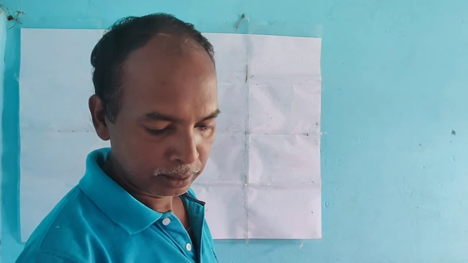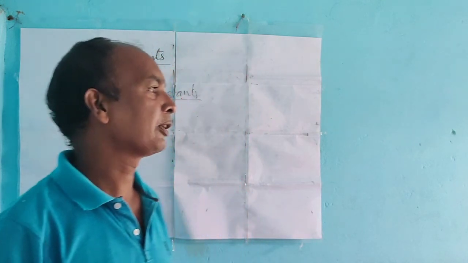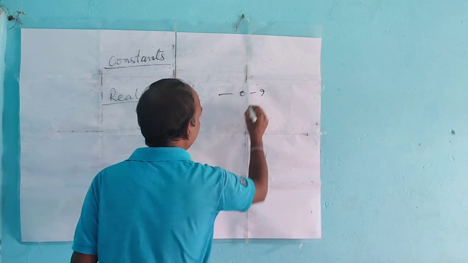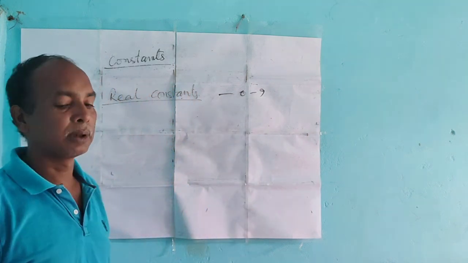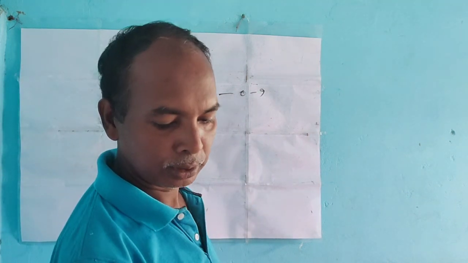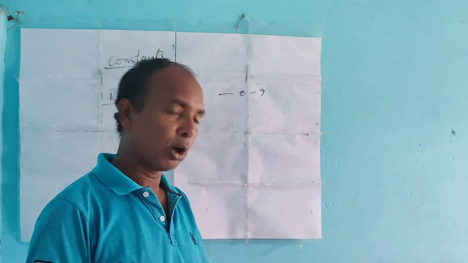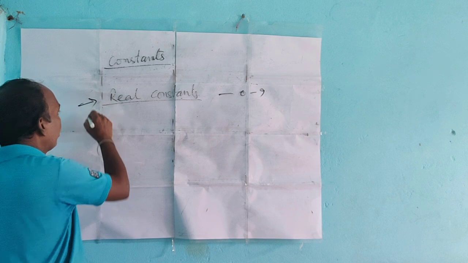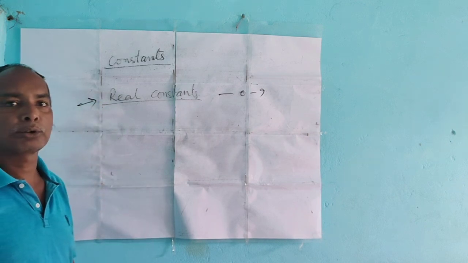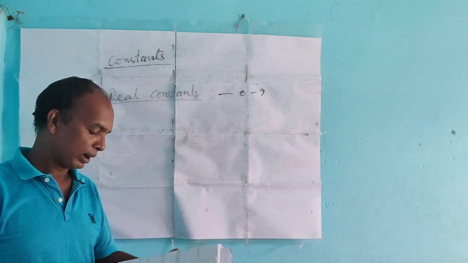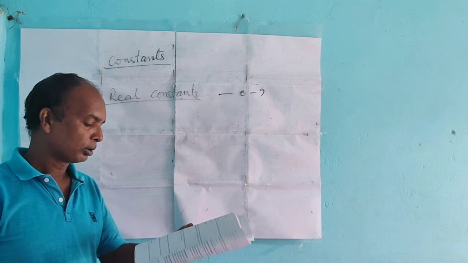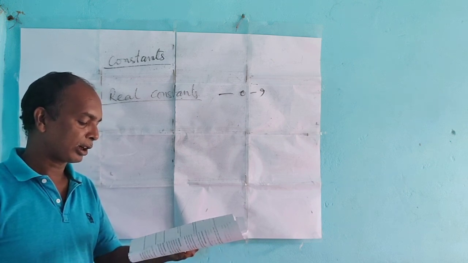It consists of digits from 0 to 9. Here you can use a decimal point. Second, it does not include a comma or blank space. Under real constants also, you cannot use any comma or any blank. Third, it includes a decimal point, an e character, or both.